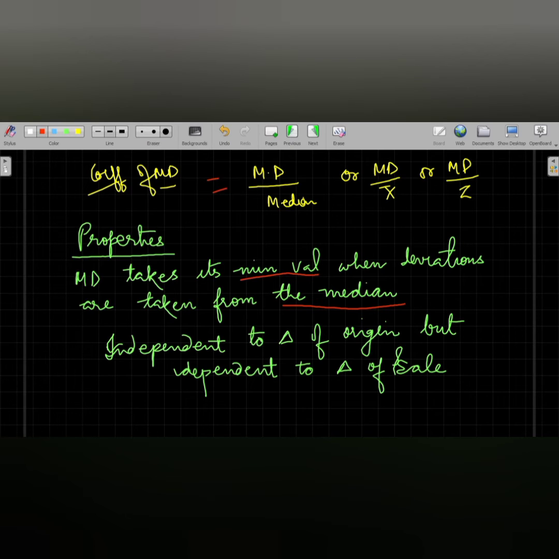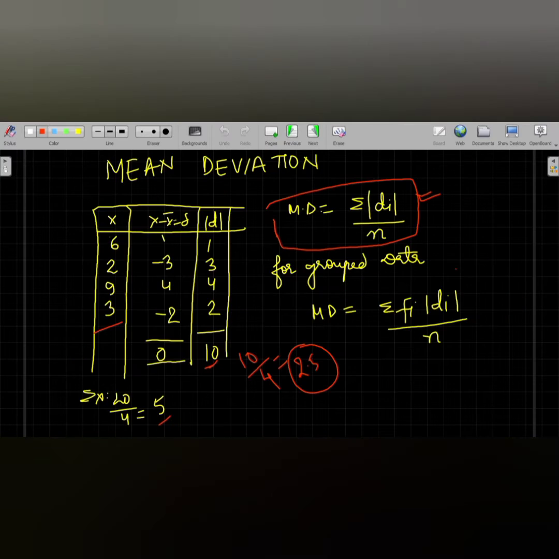This is a very important property of the mean deviation: it is independent of the change of origin but dependent on the change of scale. What does it mean? Independent of the change of origin means if any constant number is added to the mean or the data, let me show you.